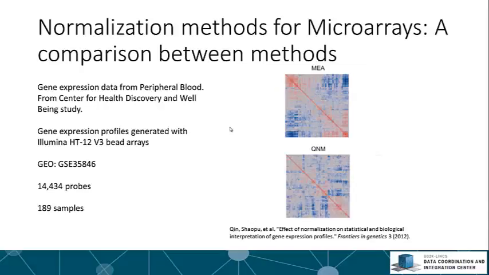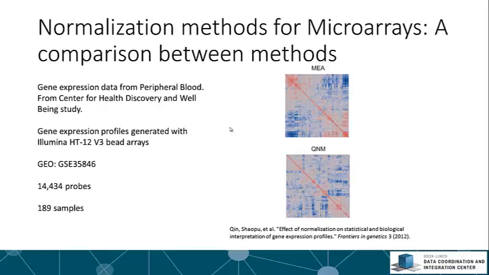Now, after applying these two different normalization transformations to the data, we can get a further glimpse of the effect that those two different transformations have had by examining the correlations between probes over the 189 samples.